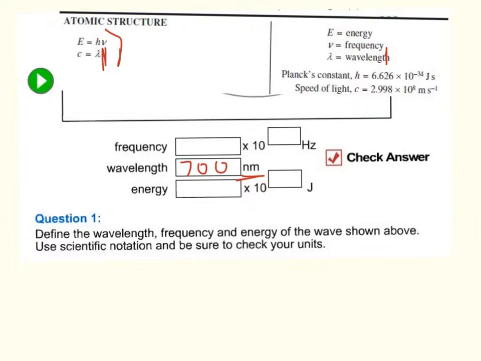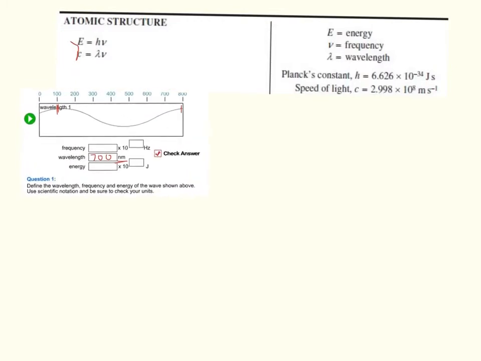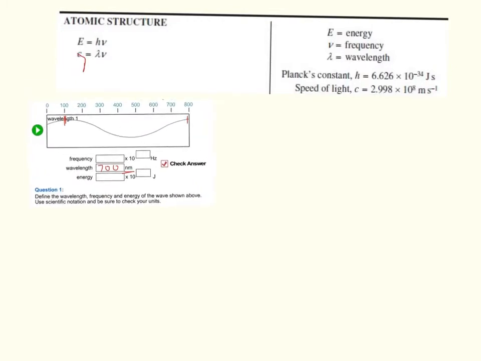So I'm going to shrink this down a little bit. And what I know is I have a wave with 700 nanometers, and I want to first figure out the frequency. So if I look at the formula, c equals lambda nu, right?